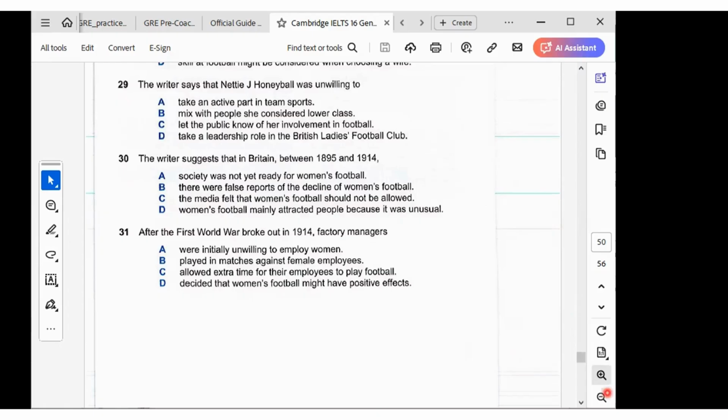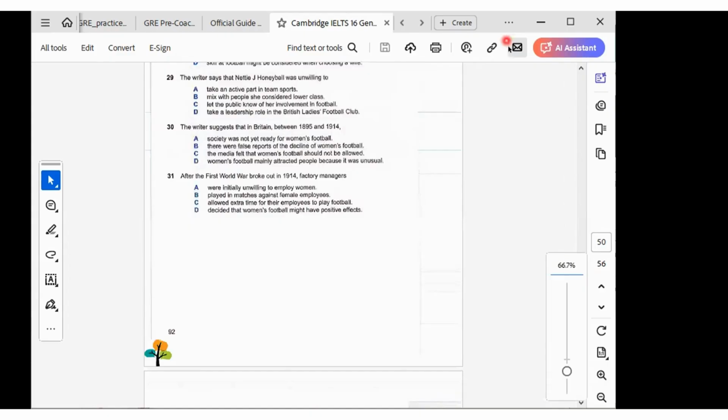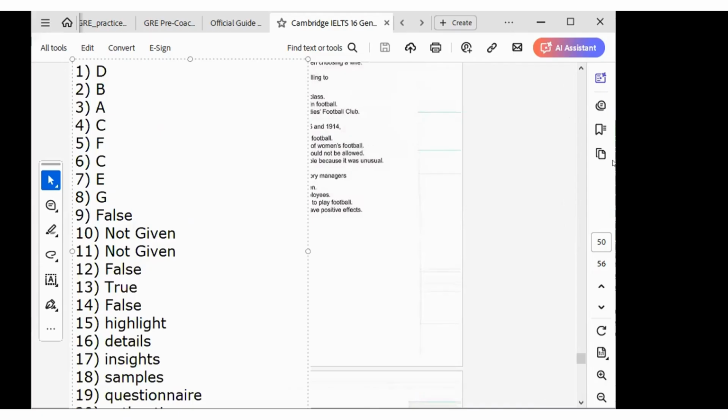So what we are going to do now, let us post our answers and then we check the answers at the back of the book to see whether there is anyone that is wrong, and then we'll do self-correction for anyone that is wrong. That's what we're going to do now. So these are my answers.